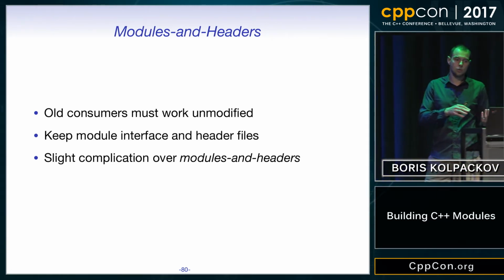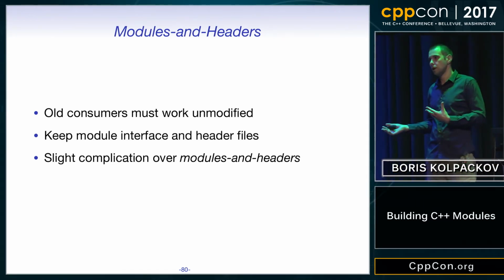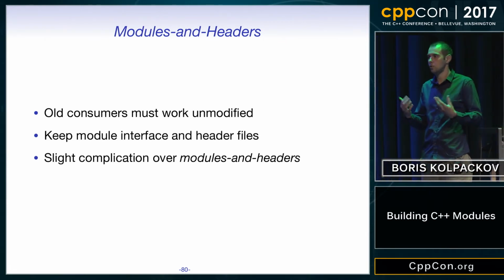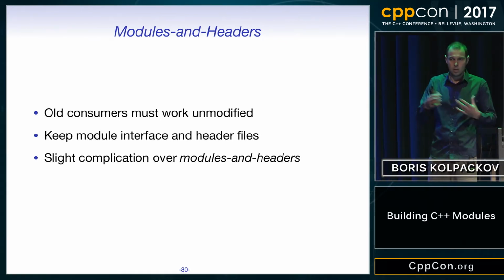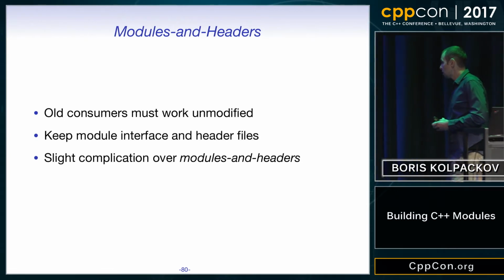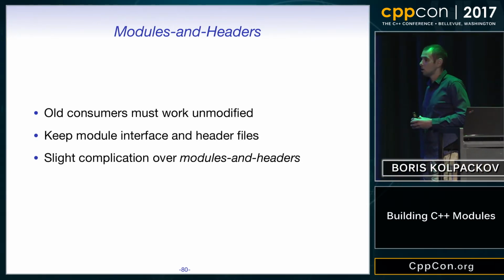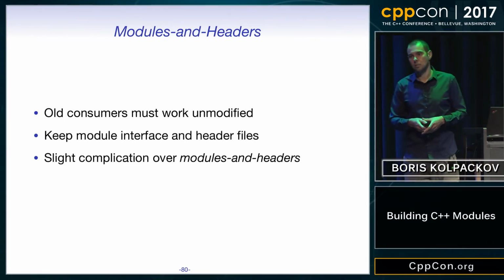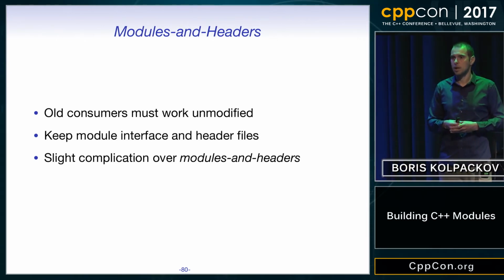The only thing we'll have to do is keep the old header name, so we'll have two files now for each header module pair. I'm not going to show the code, so I'll give you a link where you can read about it. But yeah, it's a slight complication over the previous model.